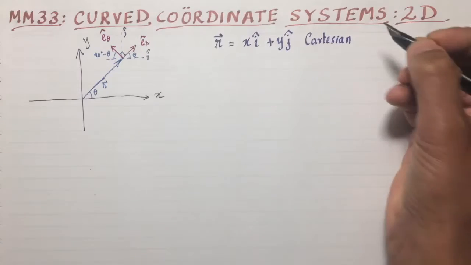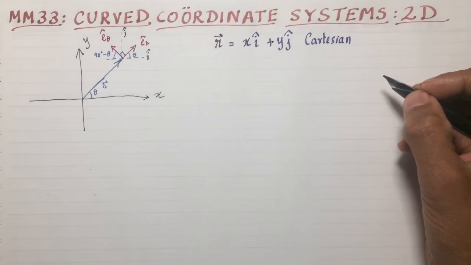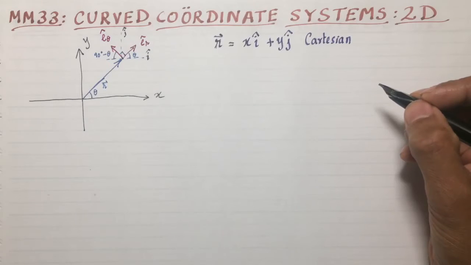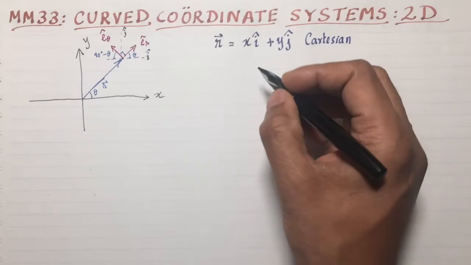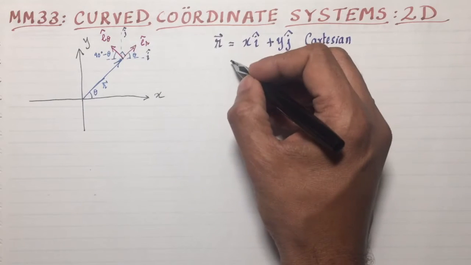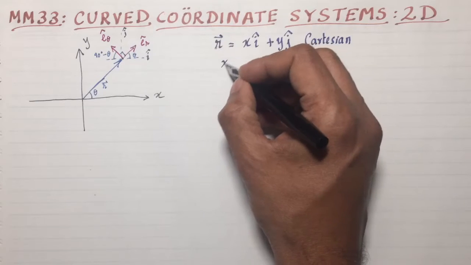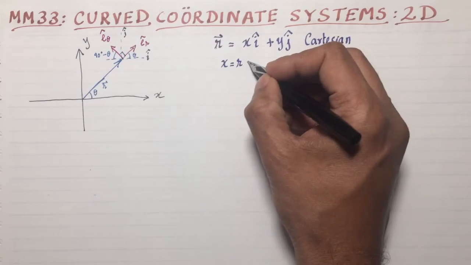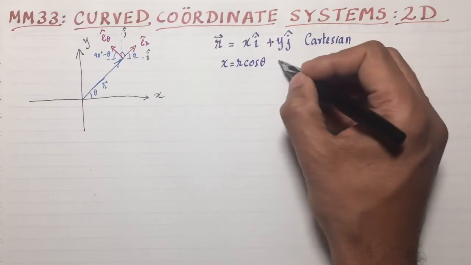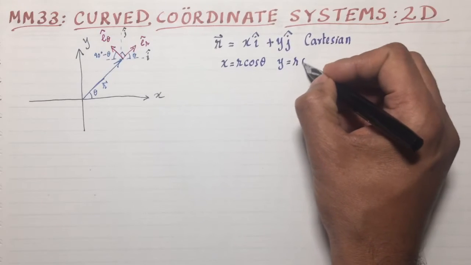And in the polar coordinate system that we're considering, the corresponding equations would be x equals the magnitude of r cosine theta, y equals r sine theta.